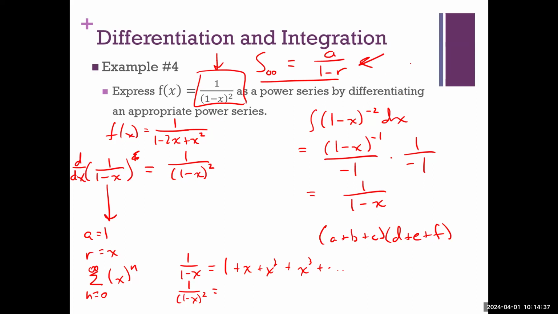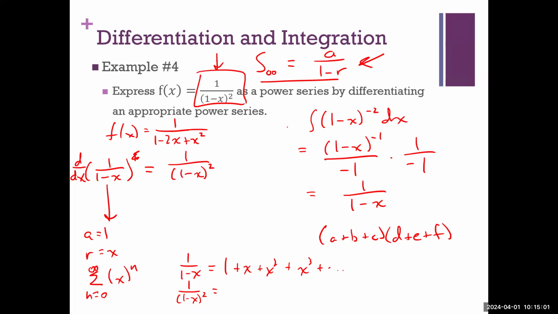But now we have a little more leeway because even though 1 over (1 minus x) squared doesn't really look like that, because that 1 minus x is contained in parentheses, if I can think about what the derivative of that looks like or what the integral of that looks like, maybe that will look like a geometric series and I can kind of go back and forth.